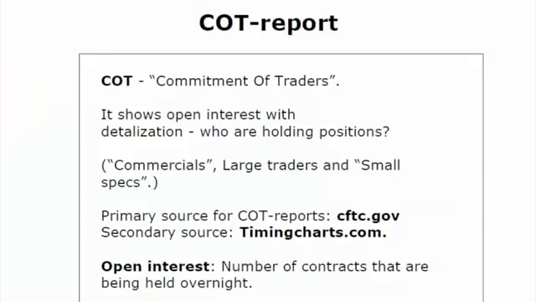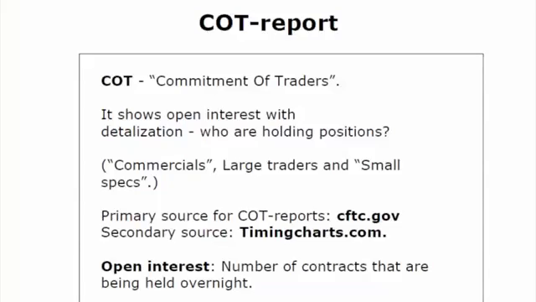And the next important definition that will help us go through this webinar is COT, or commitment of traders. It is a report published on a weekly basis on Fridays by the CFTC Commission on the cftc.gov website, and it shows open interest with detailing who is holding positions. They are commercials, large traders and small speculators.